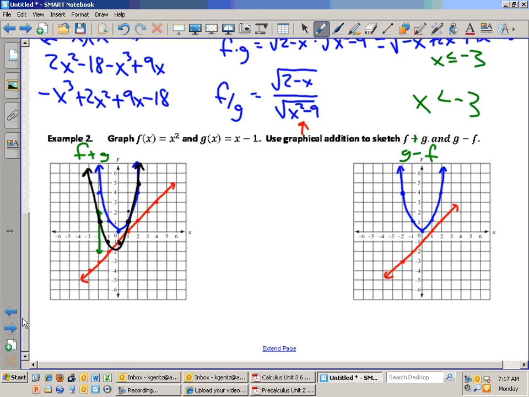So now I need to take negative 3 minus 4, which is negative 7. Negative 2 minus 1 is negative 3. Negative 1 minus 0 is negative 1. 1 minus 1 is 0. 2 minus 4, I'm sorry, 1 minus 4 is negative 3.